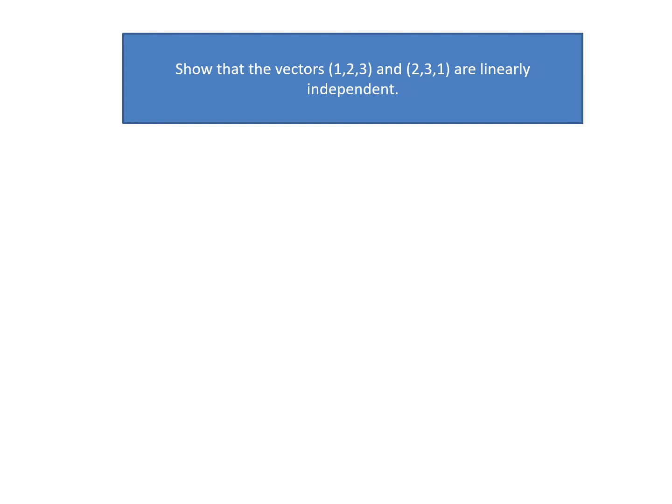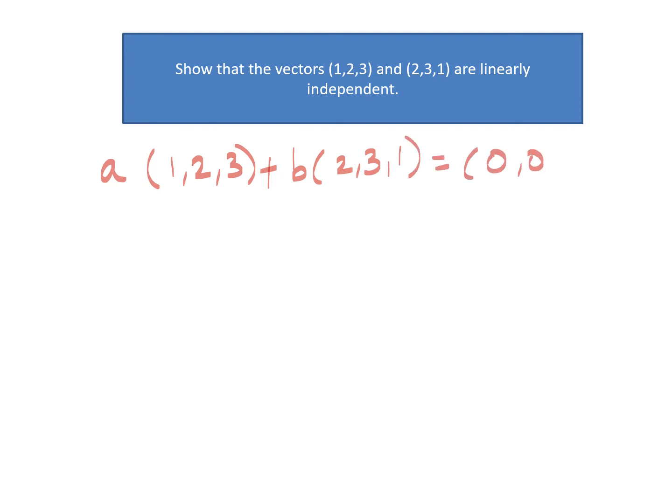Let me take the linear combination equated to 0 and then show that all the scalars are 0. Let me take A times the first vector plus B times the second vector equal to 0. By saying 0, what we mean is the zero vector. We are in R3, therefore 0, 0, 0.